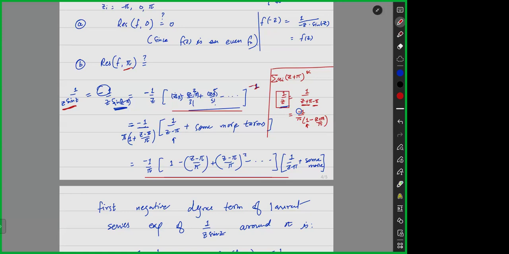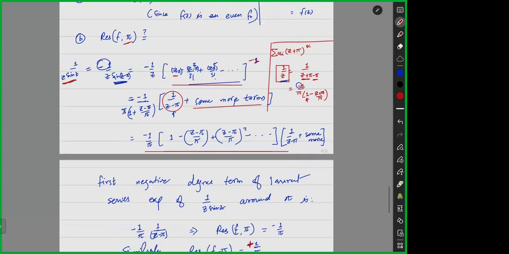So there will be some term of this form to make the constant term 1, and some more terms, positive degree terms since it is a power series.